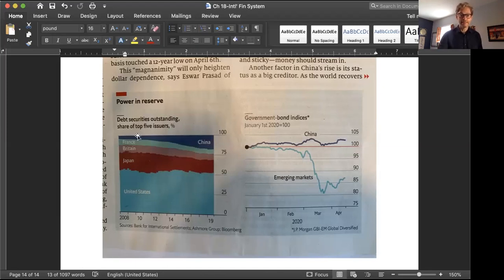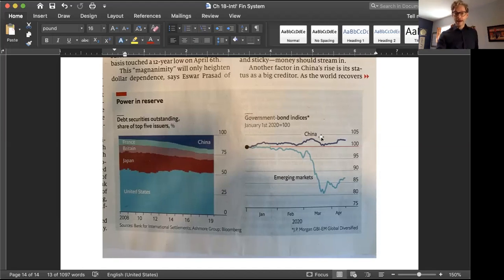Now you notice that China actually is becoming more attractive, right? China gradually is becoming a more attractive way to save your money. But the fact is, China is still relatively small compared to the US. And that is because it's so hard to get your money into China because it's so hard to get it out.